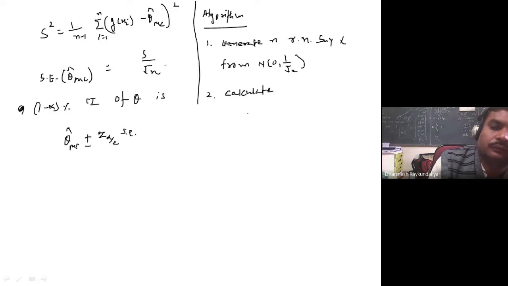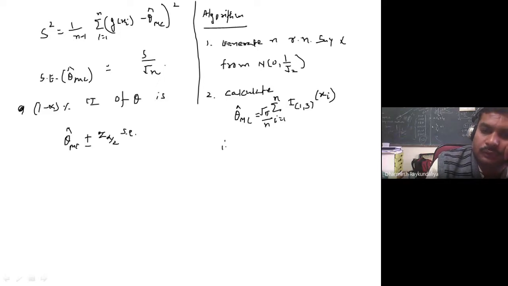Calculate theta cap MC is equal to summation i running from 1 to n, root pi upon n, times the indicator variable I13 of x.